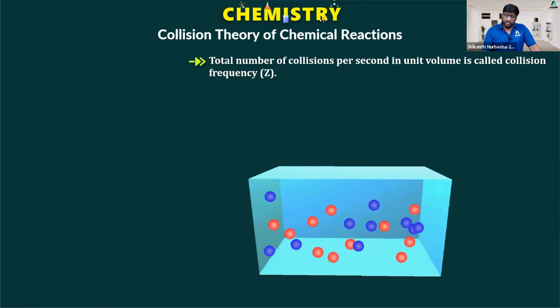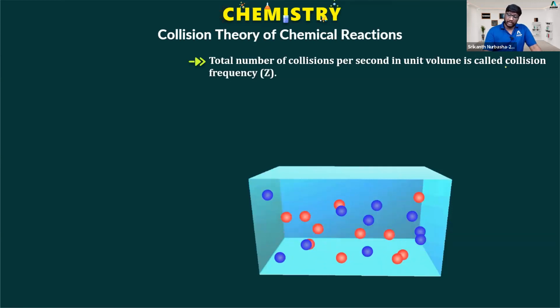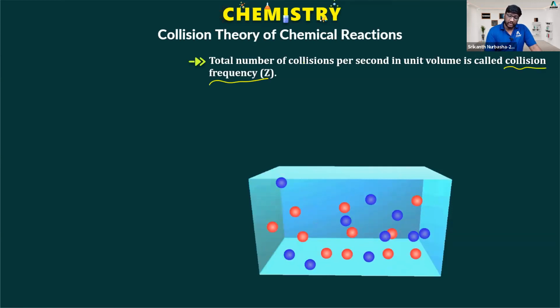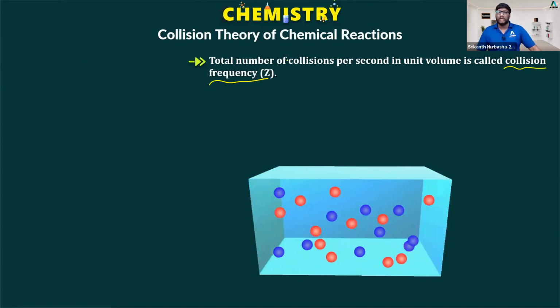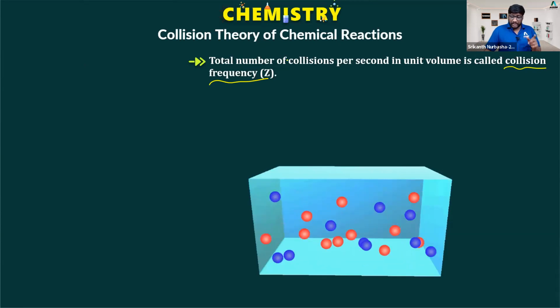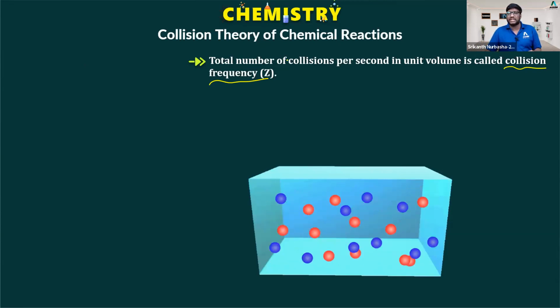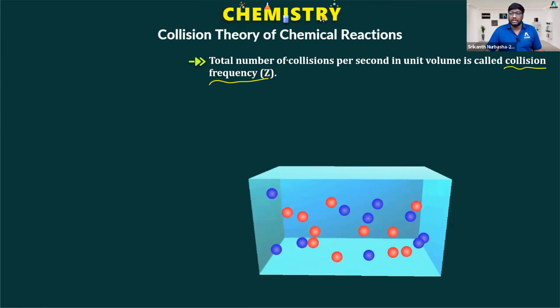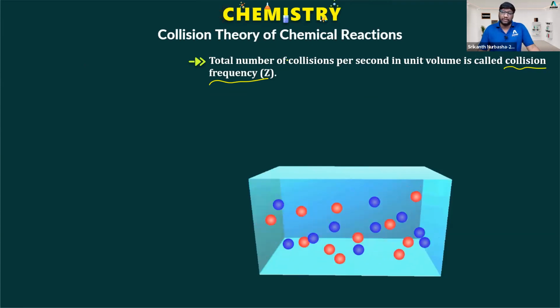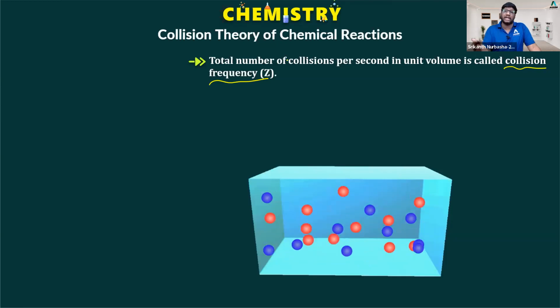The total number of collisions per second in unit volume is called the collision frequency Z. In 1 unit volume, in 1 second, how many collisions are happening? That is called the collision frequency. Collision frequency will be a very high number, approximately 10 power 25 to 10 power 28, even greater than the Avogadro number.